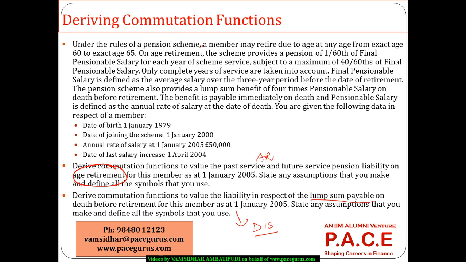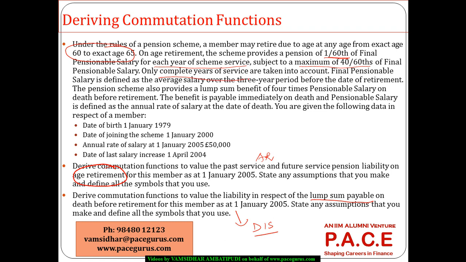Under the rules of a pension scheme, a member may retire due to age at any age from exact age 60 to 65. On age retirement, the scheme provides a pension of 1/60th of the final pensionable salary for each year of scheme service, subject to a maximum of 40/60ths of the final pensionable salary.